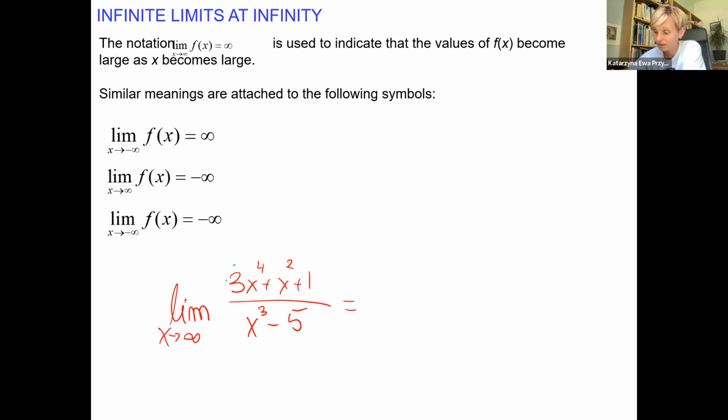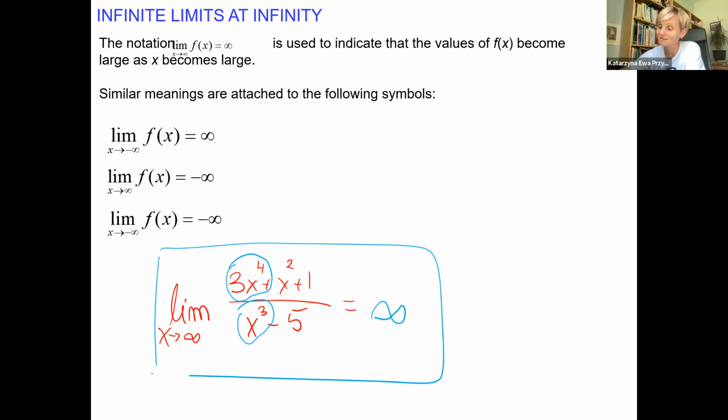We focus on the leading term, x to the power of 4 over x cubed, and we end up with x. That means the numerator is winning, x goes to positive infinity, and the final answer is positive infinity. We have to respect arithmetic. If this were -3, for instance, then the answer would be negative infinity, even if x goes to positive infinity. Of course, basic arithmetic.